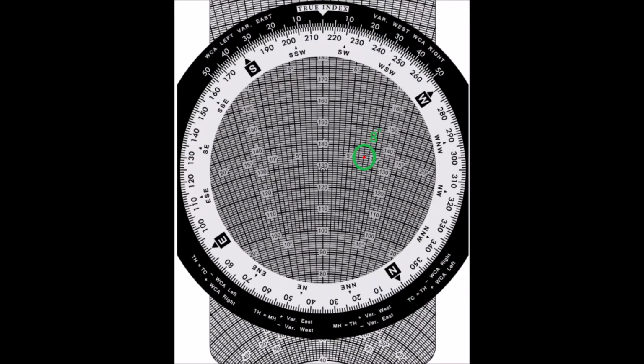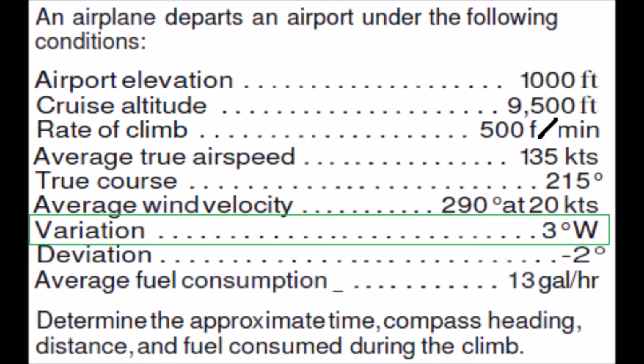Notice that the red dot falls on the degree line to the right, which means we need to correct to the right in order to maintain our desired course by 8 degrees. We are given a magnetic variation of 3 degrees west.